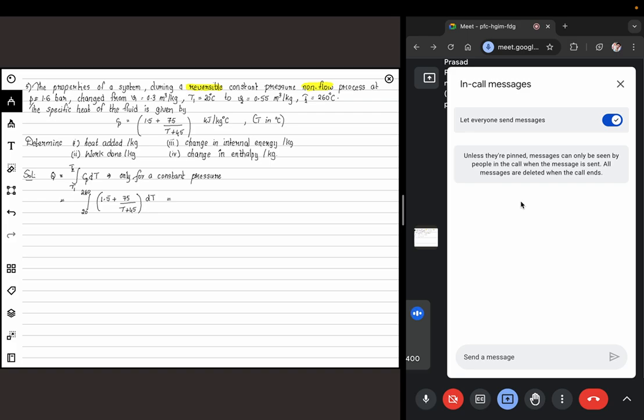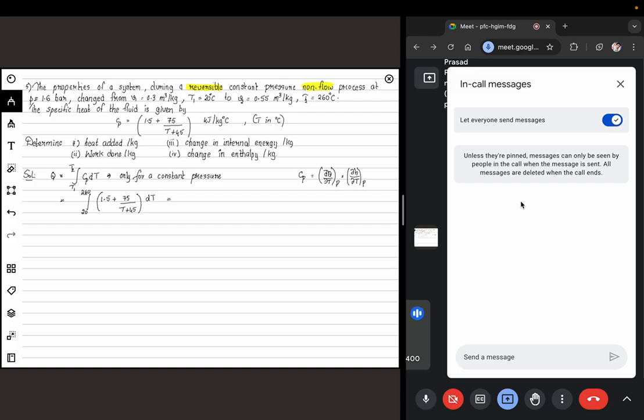Just a bit of digression here. When we were discussing during the lectures, how did we define Cp? It is basically del Q by del T at constant pressure, or if you would like to say it in terms of enthalpy, we define it as del H by del T at constant pressure.